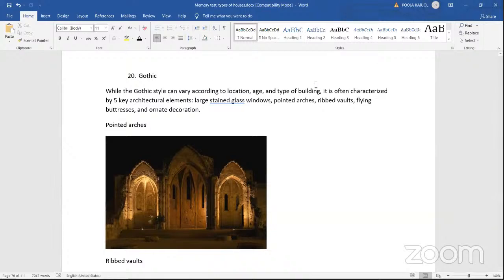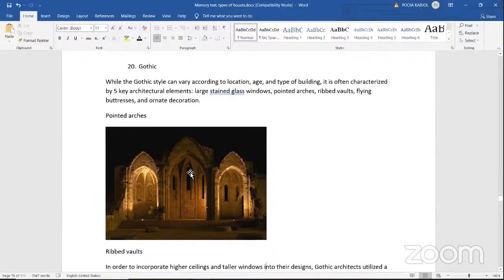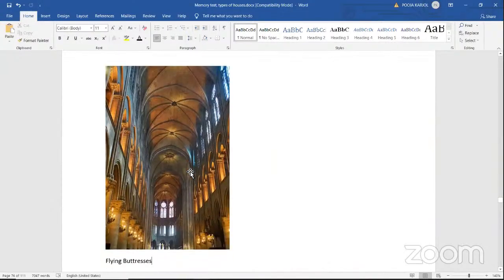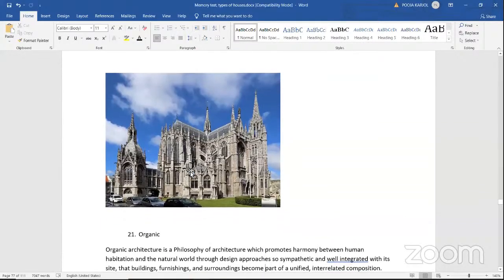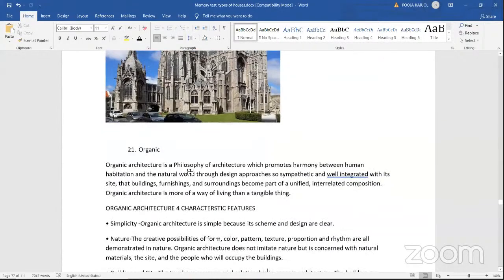Gargoyles are used. Gargoyles, yes. Gargoyles, dark. I won't say brutal. It's raw. Rose window. Okay. Pointed arches. Okay. Ribbed walls. Just a second.